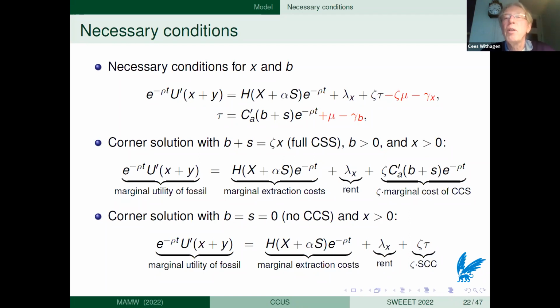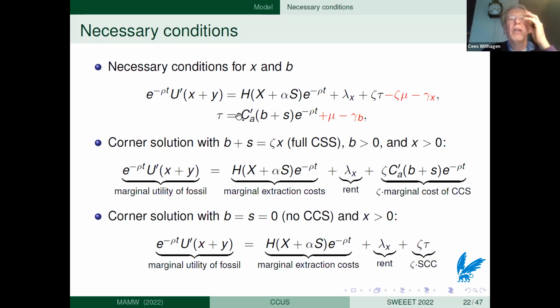And there is the cost of increasing the CO2 in the atmosphere. And tau is the social cost of carbon. And the social cost of carbon is just the extra cost in terms of utility by increasing the stock of CO2 in the atmosphere. And then the other 2 have to do with the condition that there should be no negative abatement.